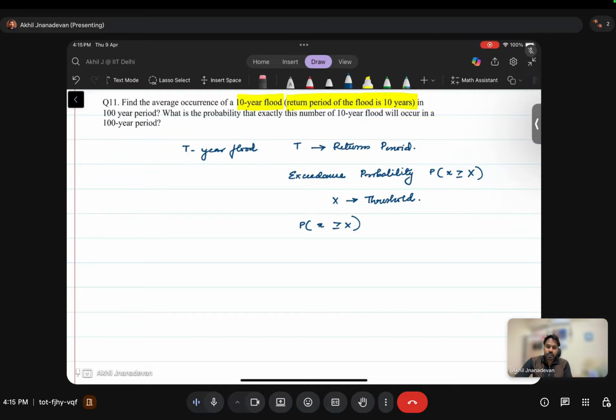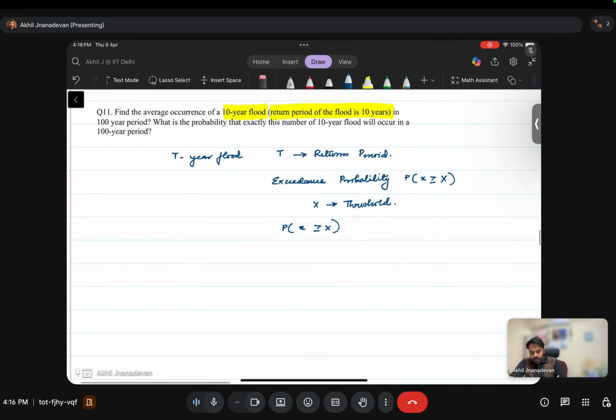Return period means that a particular flood intensity, that particular amount of rainfall or discharge, can happen once in 10 years. It will return after 10 years. In a period of 10 years it can occur only once, and once it occurs, it has a chance of occurring again only after another 10 years. That is what a return period means.